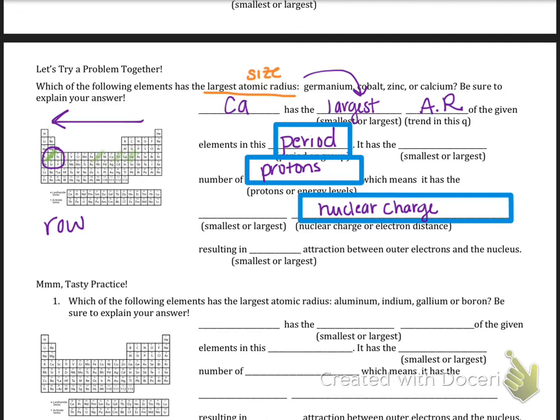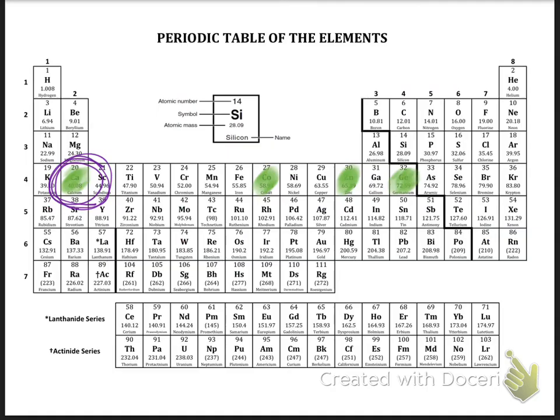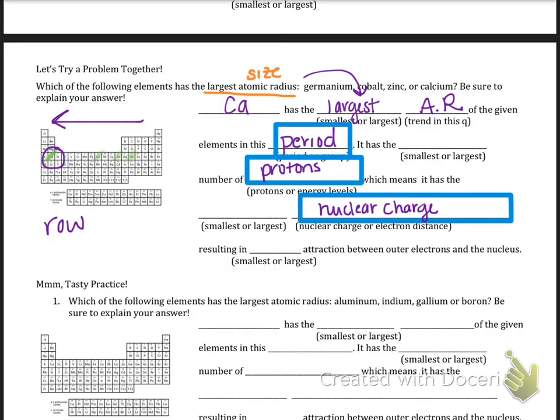So if calcium has the largest size, why does it have the largest size? Does it have the smallest number of protons or the largest number of protons? So if you look at our periodic table, we notice that calcium only has 20 protons. The rest have 27, 30, and 32. So to answer this question, we say that it has the smallest or the lowest number of protons.